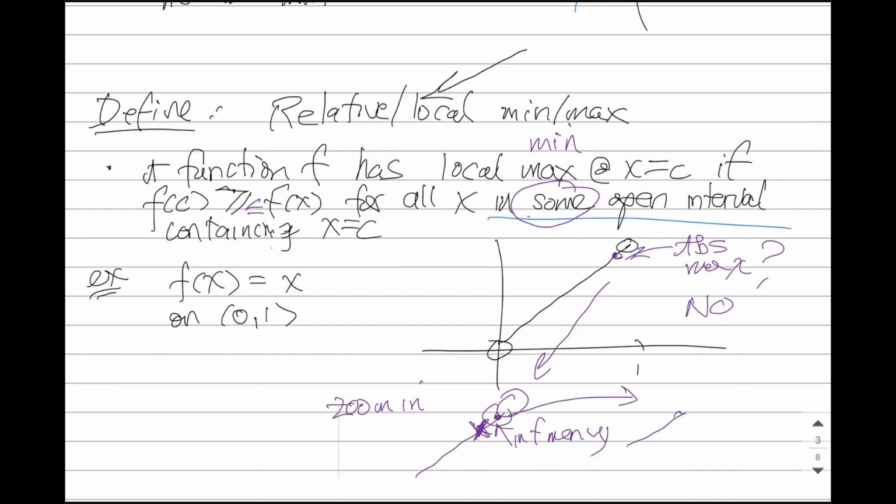And no matter how much you zoom in, you will always be able to find more points between the one you picked. So you can never actually attain that. You can always get a little bit closer. And the same thing will happen down here. So there are no absolute or even relative minima or maxima in an example like this.